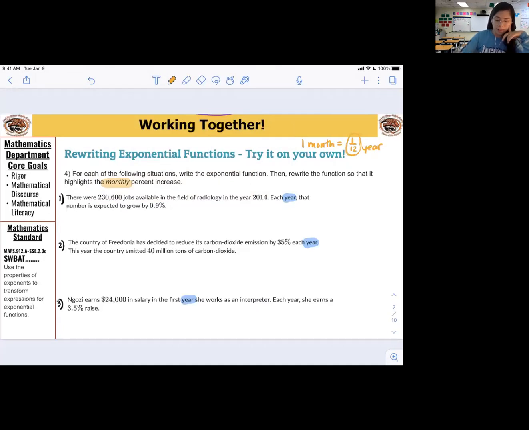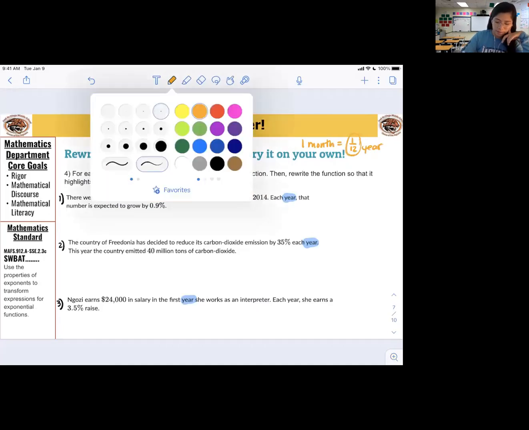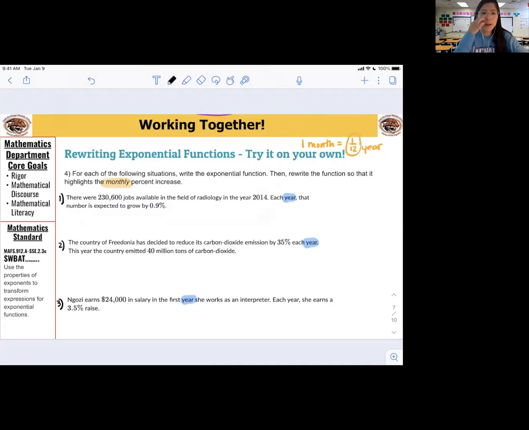But before we do that, let's go ahead and write the function. Starting with number 1, all of the examples so far gave us the equation to begin with. Now we have to write the equation and then turn it into something else. With this first one, let's call all of them f of t. What do I write first?